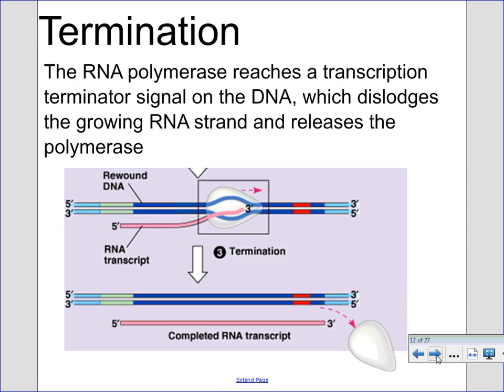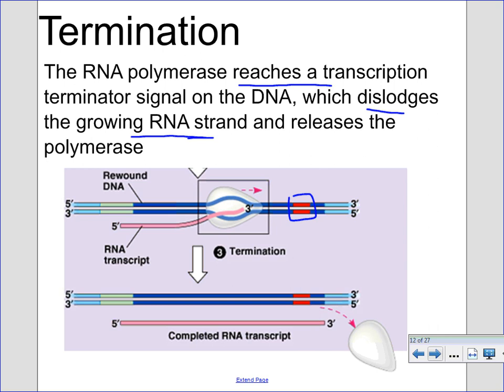In the final step, the termination step, this is where the RNA polymerase will reach the transcription terminator signal on the DNA. So there is a signal at some point on that DNA that tells the RNA polymerase to stop making an RNA transcript. When the RNA polymerase reaches this terminator signal, it will then dislodge the growing RNA strand.